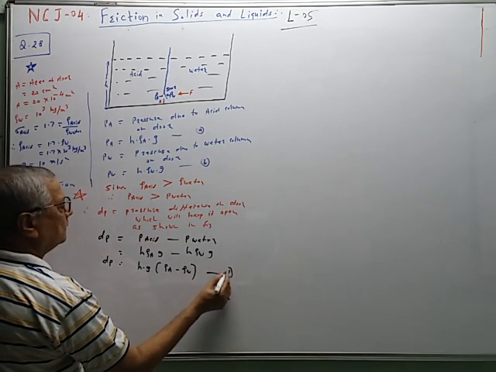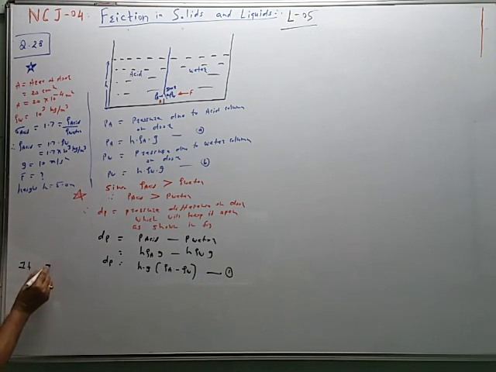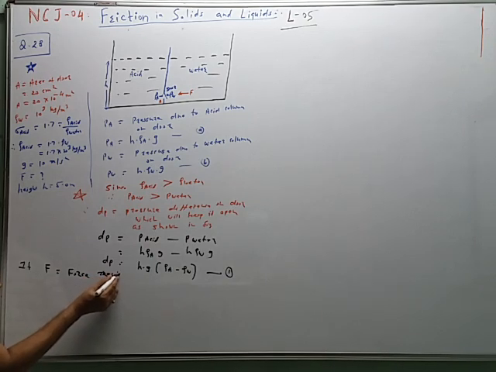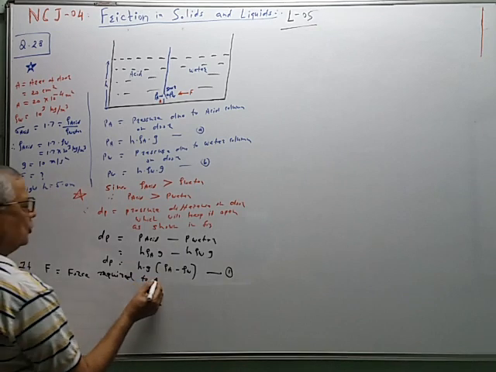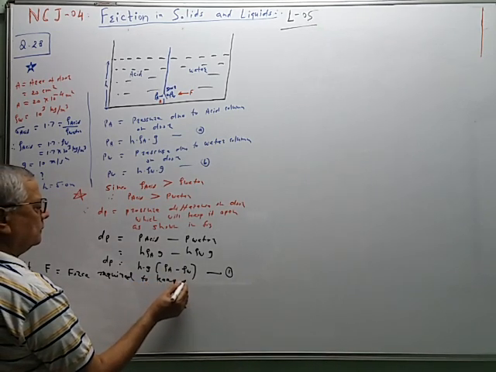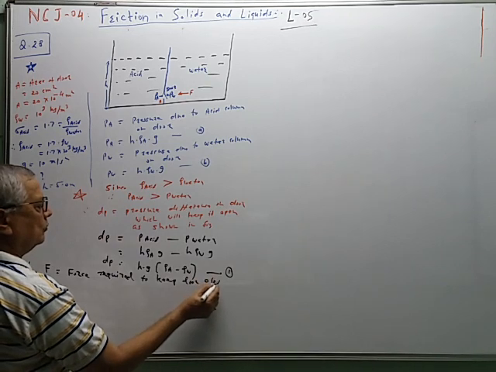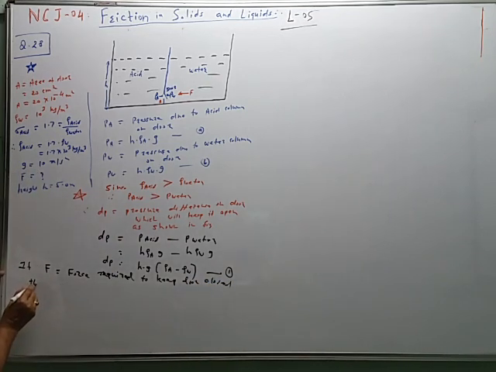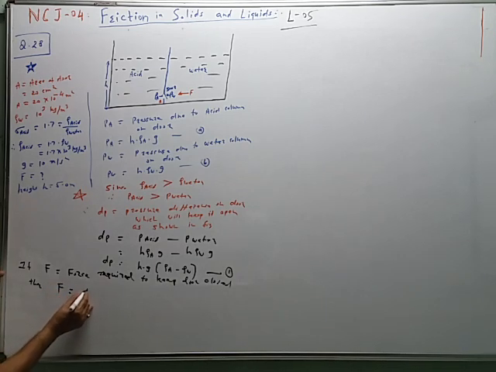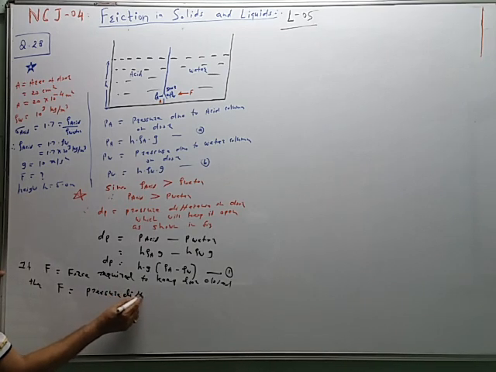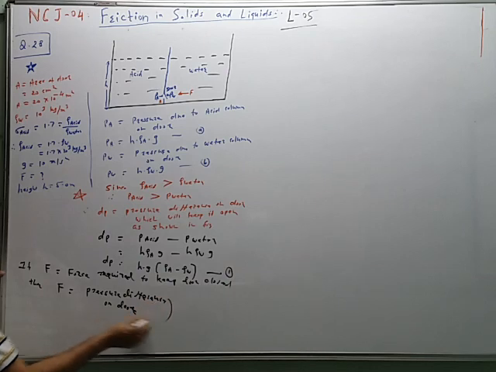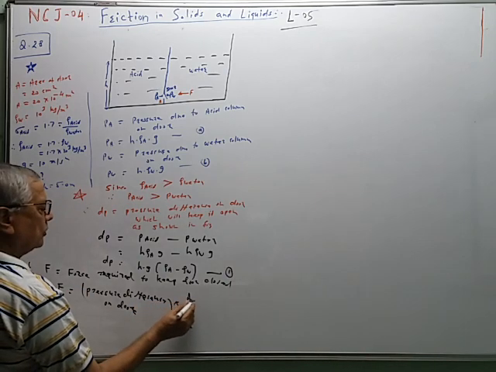This is equation 1. If F is equal to the force required to keep the door closed, then F is equal to pressure difference on the door multiplied by area of the door.